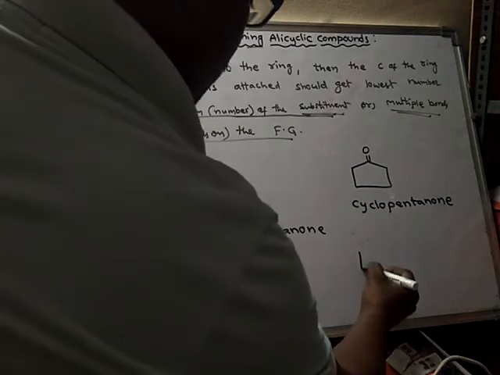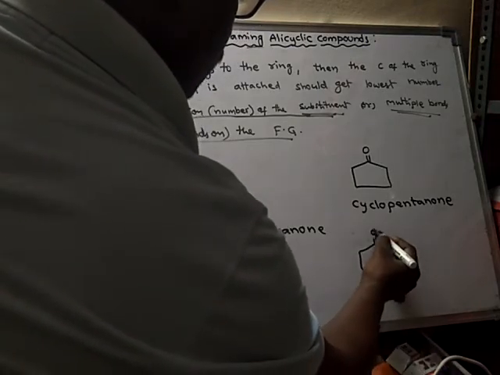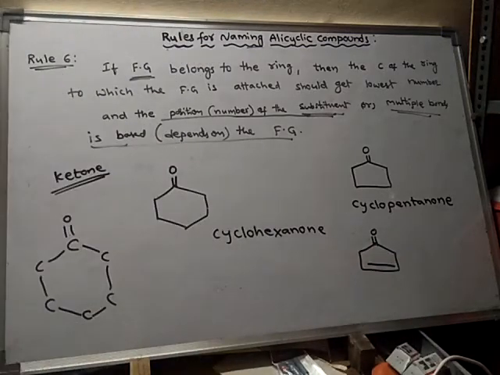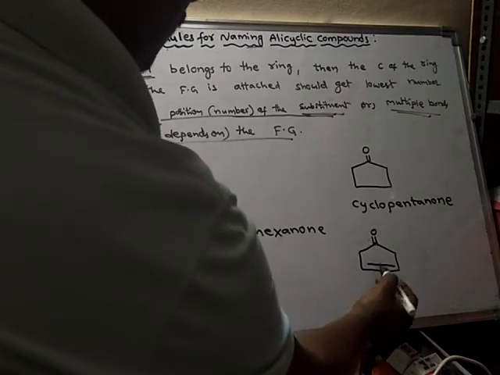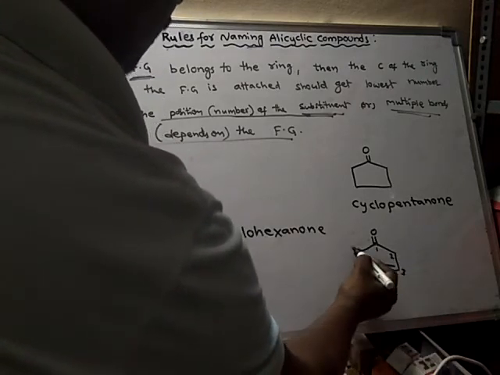So what is the name of this compound then? Here a double bond is there. So this will be the first carbon, second carbon, third carbon, fourth carbon, fifth carbon.